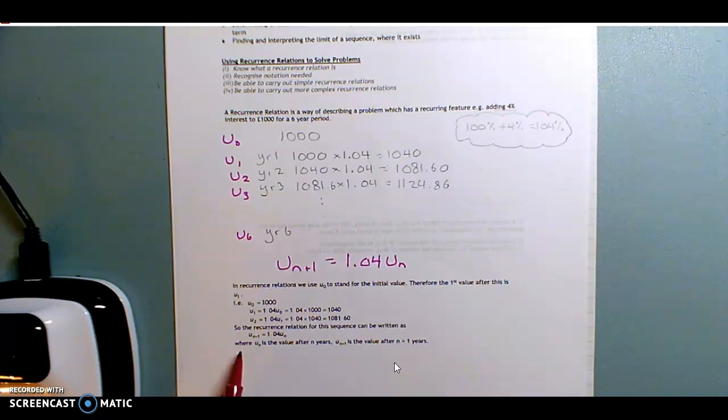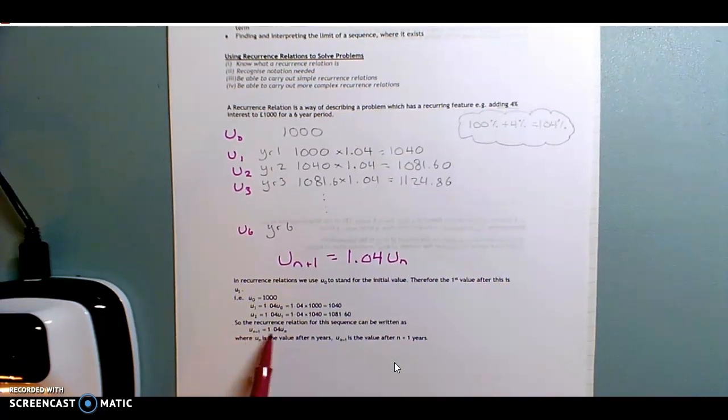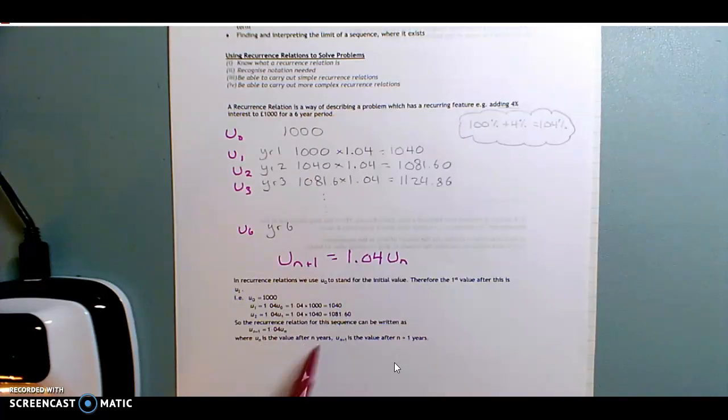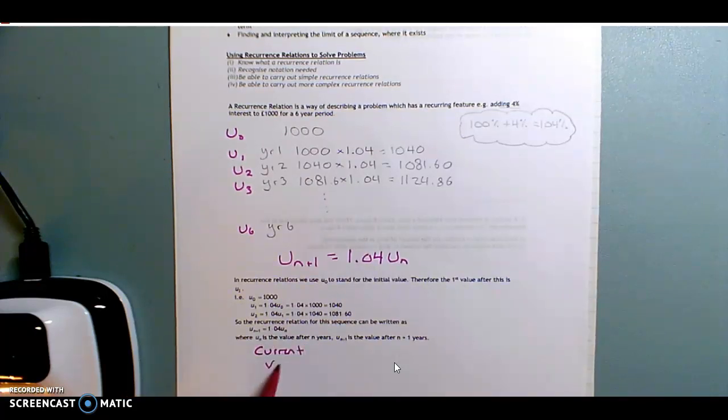So again, if we look at the very bottom here, the recurrence relation for the sequence can be written as un plus 1 equals 1.04 un, where un is the value after n years. Okay, so our current value. And un plus 1 is the value after n plus 1 years, our next value.